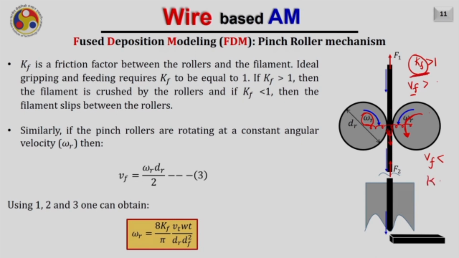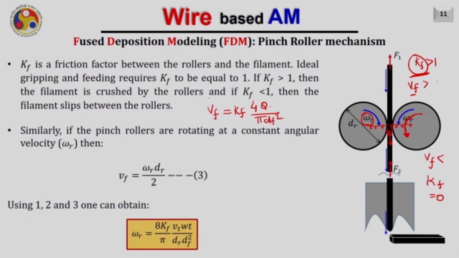Kf will be 0 if we are ideally feeding the wire without crushing it or without slipping the roller against the wire. That is why our formula for the filament velocity has been modified by accommodating this friction coefficient Kf into 4Q divided by pi df square.